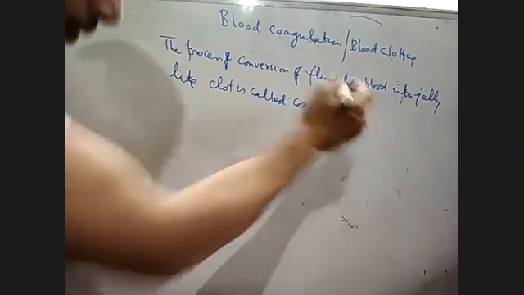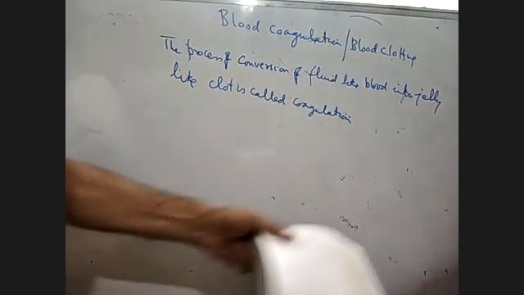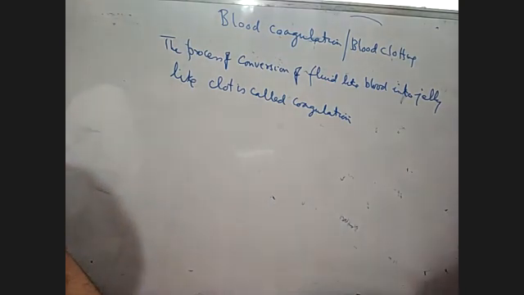The jelly-like clot is called coagulation, and this jelly-like clot is a network of threads.